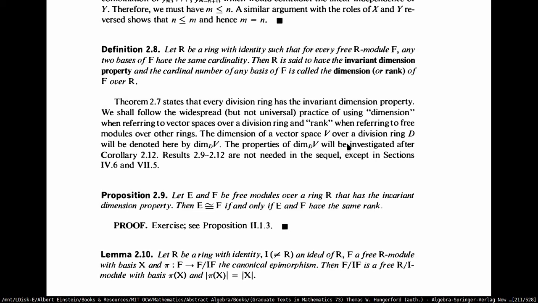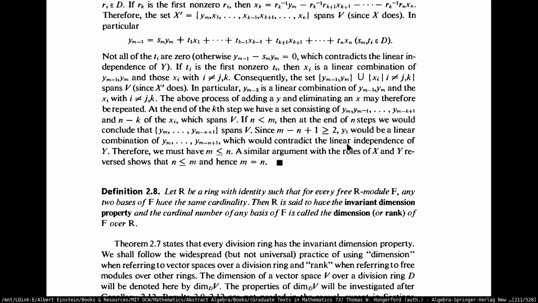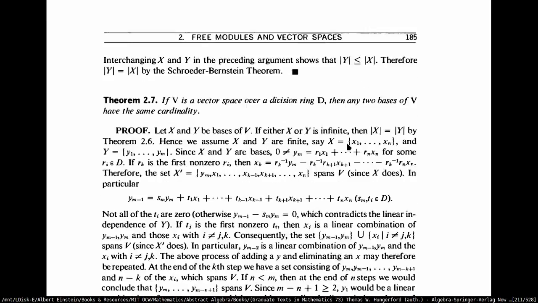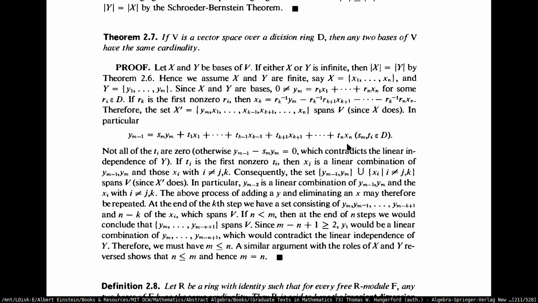So Theorem 2.7 is saying that if you have a vector space over a division ring, then any two bases have the same cardinality. Apparently that's not true for general rings, but they're saying we're going to distinguish a class of rings by saying that for every free module over that ring, two bases are going to have the same cardinality. And that's a property of the ring. So division rings have that property.